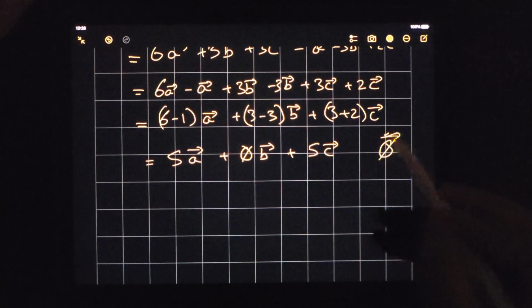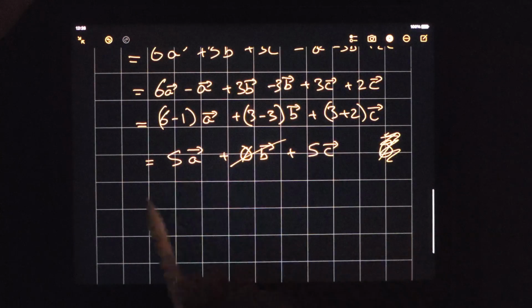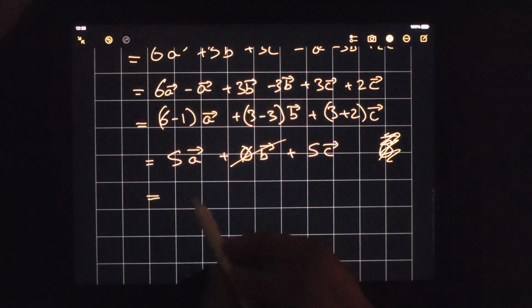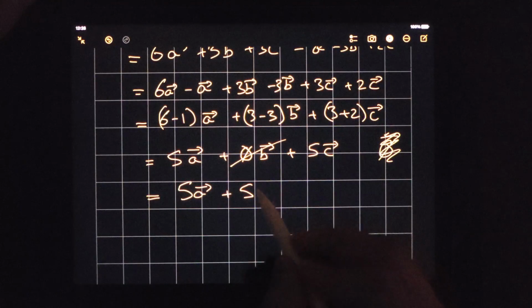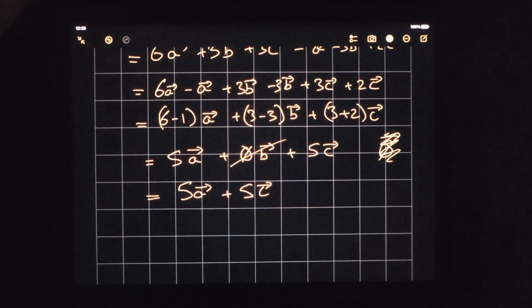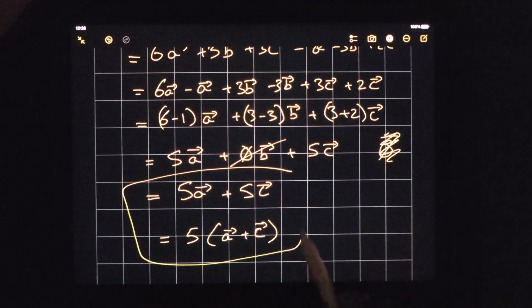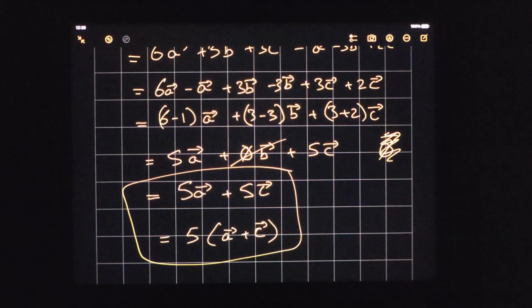It's a zero vector, so we can get rid of that and we're left with 5a plus 5c, or it could also be 5a plus c, whichever one you want.